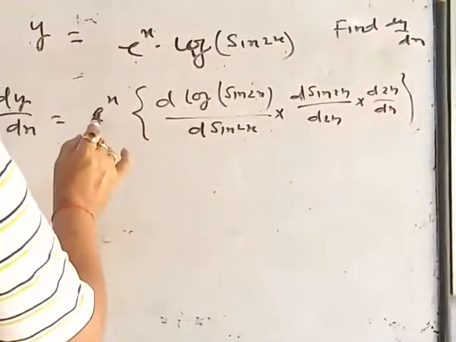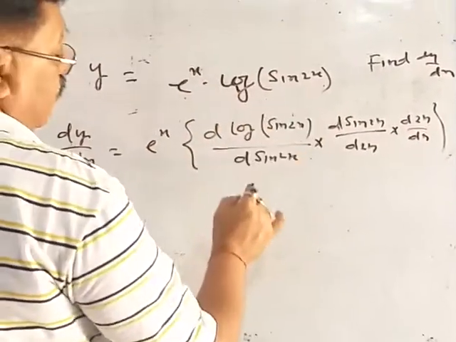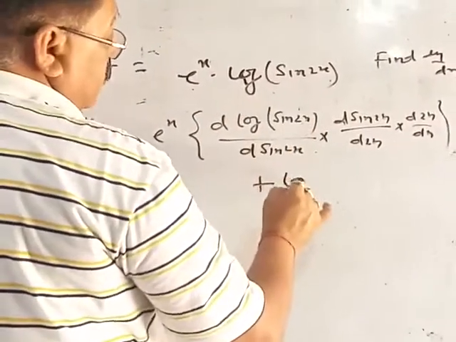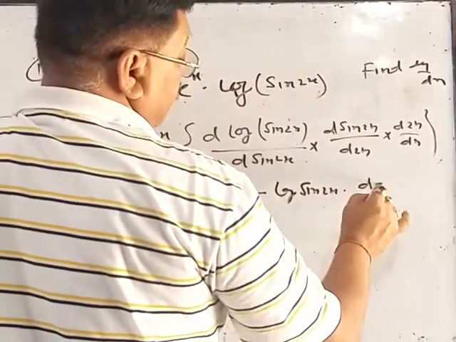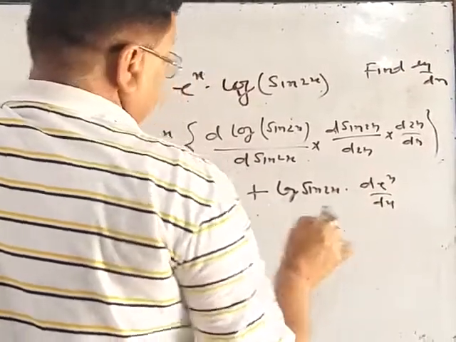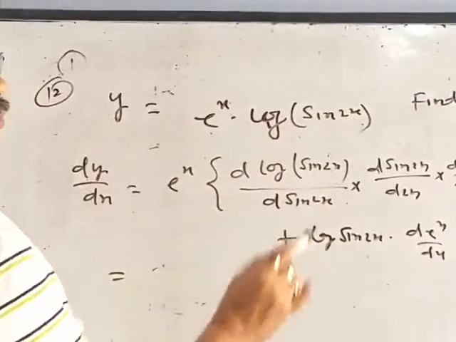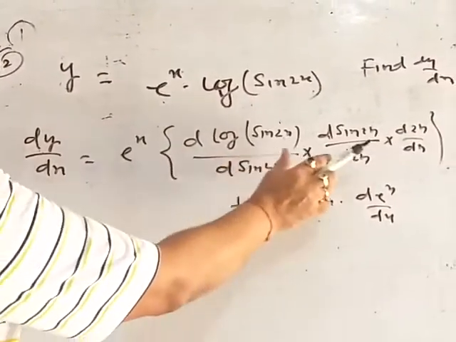Now plus second function log sin 2x and d e power x by dx. So here you apply product rule as well as chain rule.